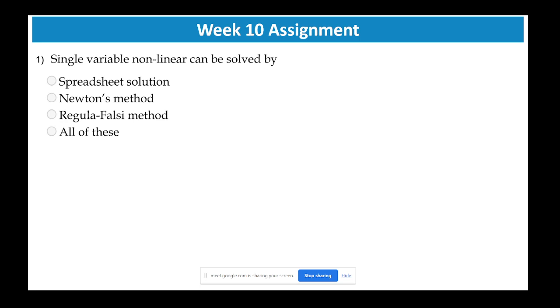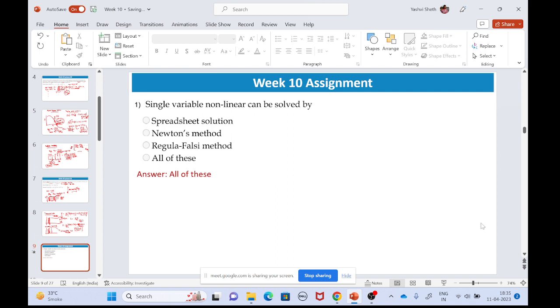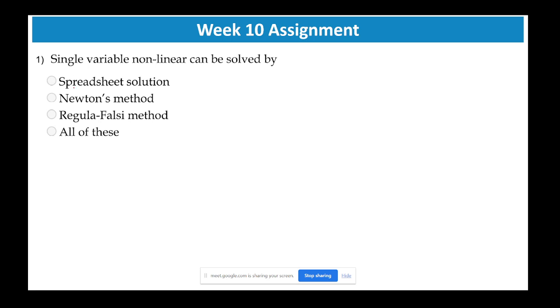I have given you the names of each: spreadsheet solution, Newton's method, regula falsi. All of these can be used for solving a nonlinear equation. Out of them, Newton's method is the most common one. So all of these is the correct answer.